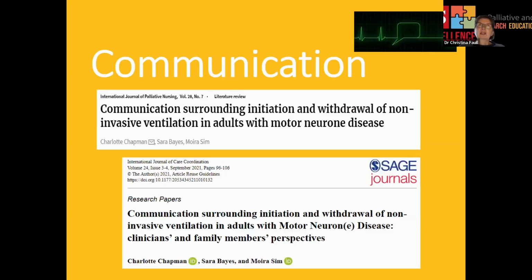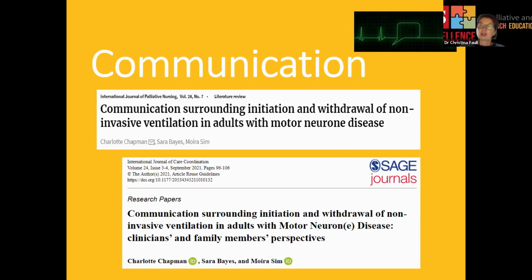Now, communication has been talked about in both the presentations before. I like the icon at the top of this little graphic: if you're caring for someone as they come to the end of their life, the importance of communication cannot be undervalued. Communicate, communicate, communicate.